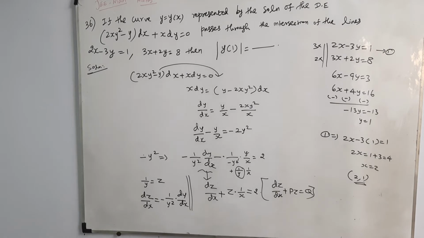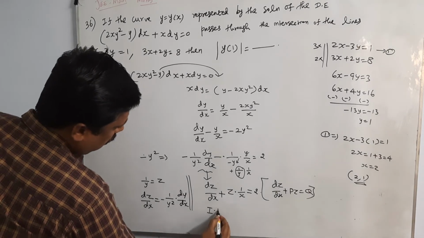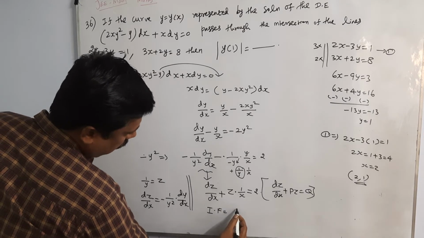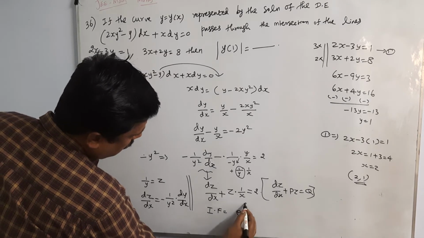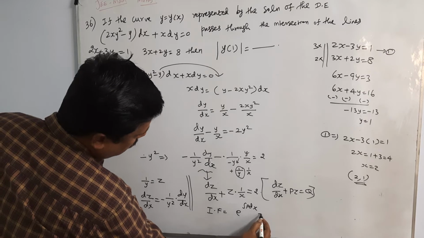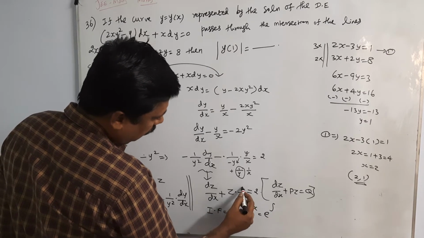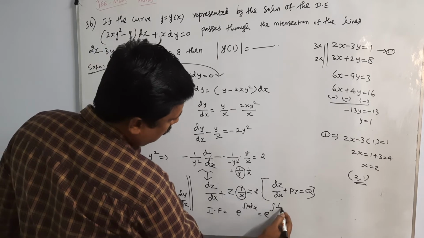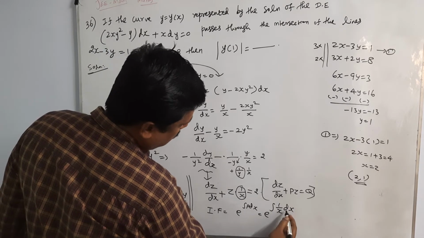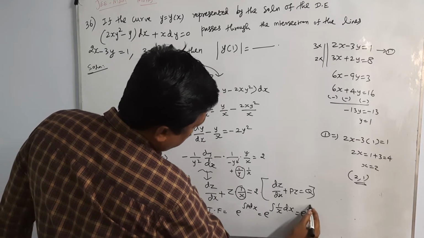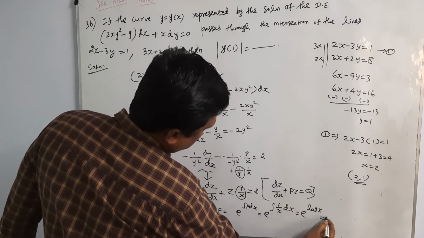So now you calculate IF. What is IF? IF equal to e power integration of p dx. What is p? 1 by x, so e power integration of 1 by x dx, that is e power log x. So this is x.